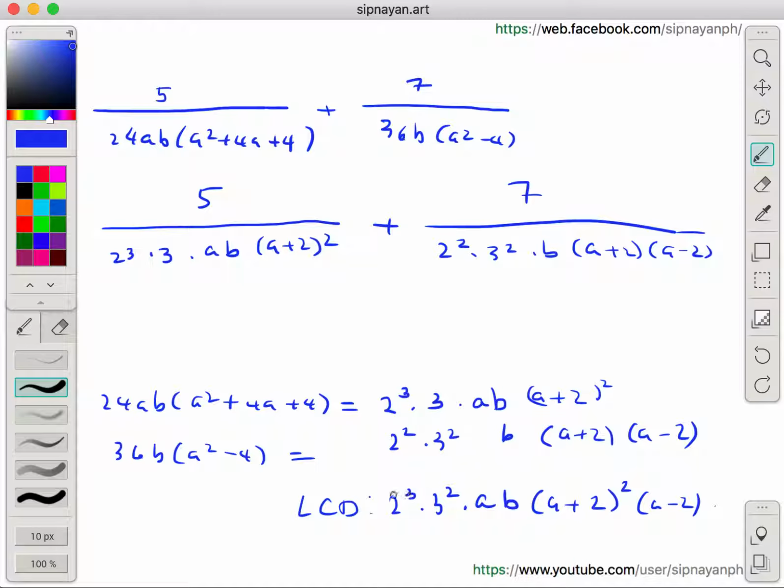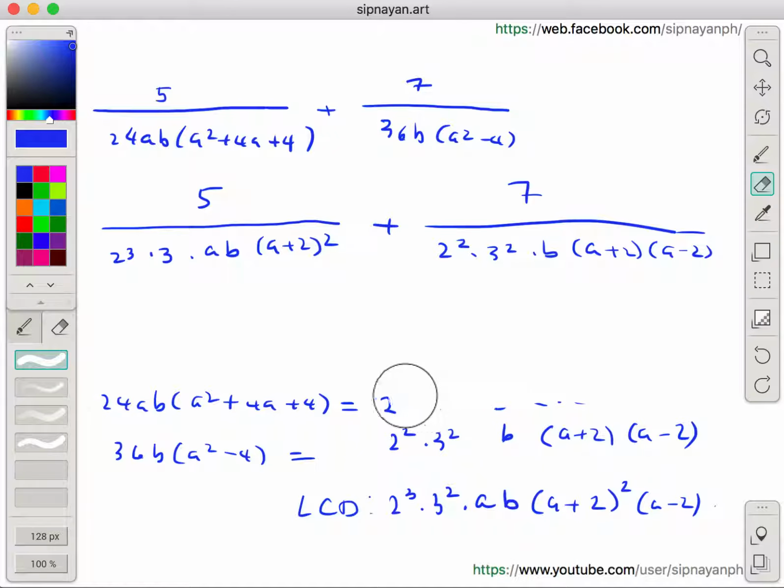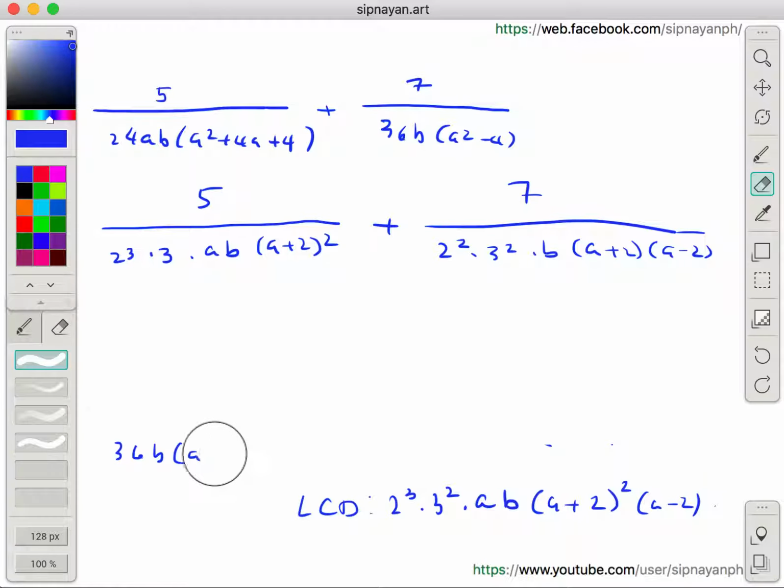Okay? Double check lang natin para hindi tayo umulit. AB, A plus 2 squared. So, okay na tayo. Next, we have 2 squared, 3 squared, B, A plus 2, A minus 2. This is okay.